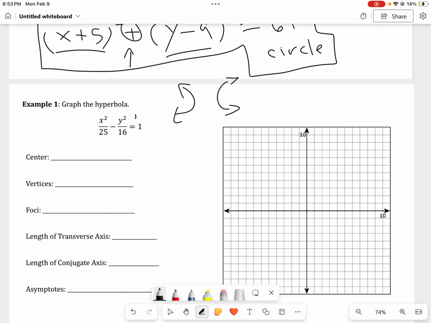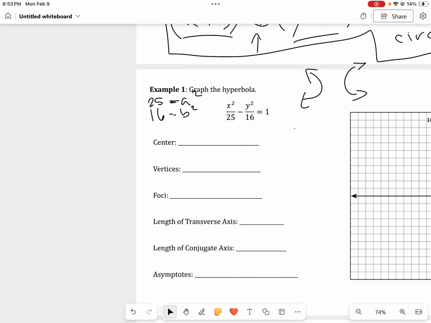Okay, great. And we know that the terms on the bottom don't change. So that's going to be a squared, 25 is a squared, and 16 is b squared. So a is going to be 5, b is going to be 4.